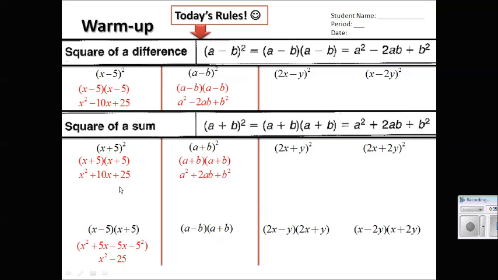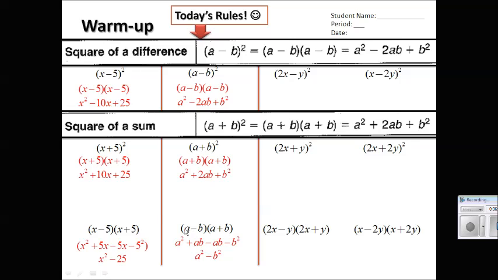The last special product that you have to learn is this one. If you have a difference and a sum with the same a and the same b, kind of like this one over here, right? X minus 5, x plus 5. A minus b, a plus b, we can shortcut. We know that this minus and this plus is going to eliminate the middle.